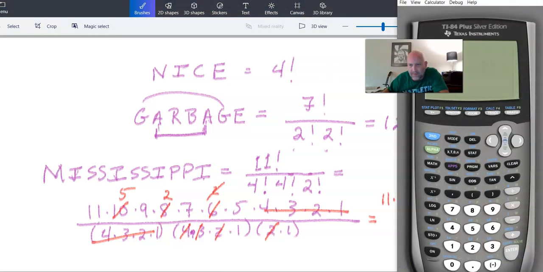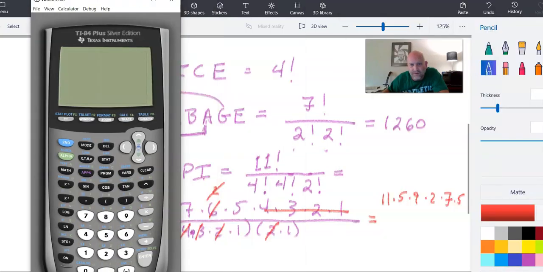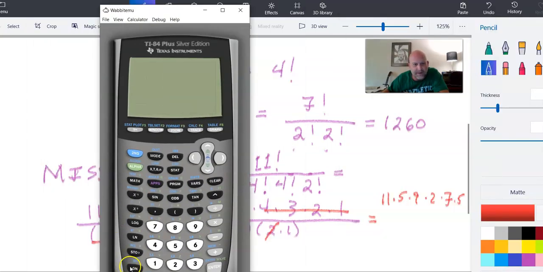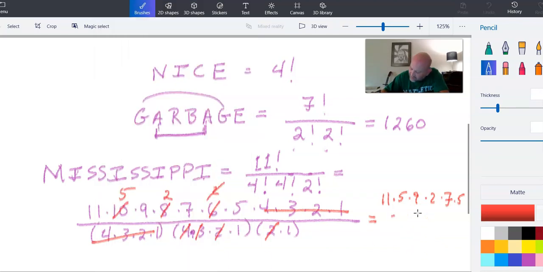Probably do it in my head, but let's scoot this guy over. So we got 11 times 5 times 9 times 2 times 7 times 5. Okay, so we get 34,650.